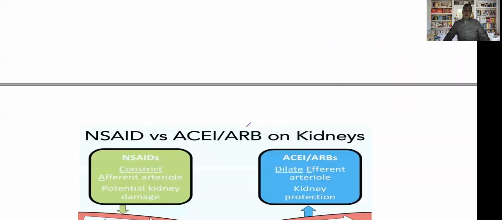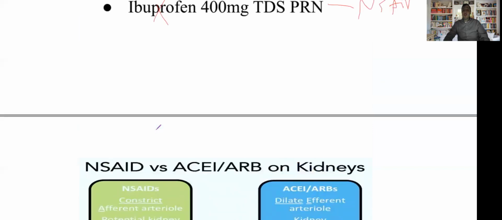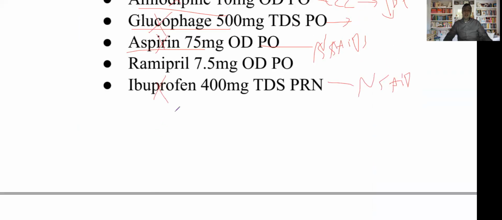They inhibit prostaglandin. Inhibiting prostaglandin will cause afferent arteriole vasoconstriction, and this will lead to risk of kidney damage, or pre-renal azotemia, or pre-renal acute kidney injury. The patient already has renal failure, so by continuing this medication, the patient will get more and more kidney damage.